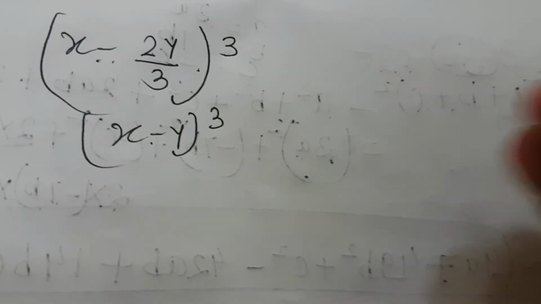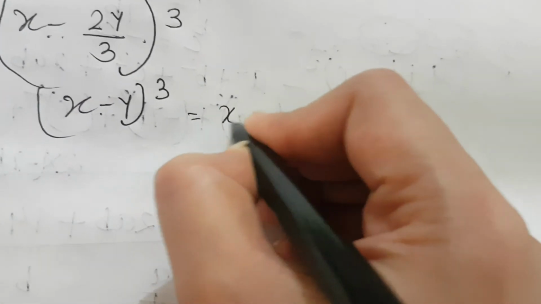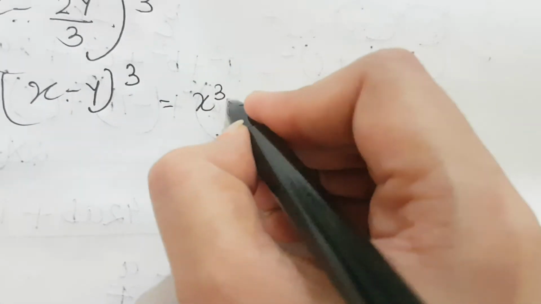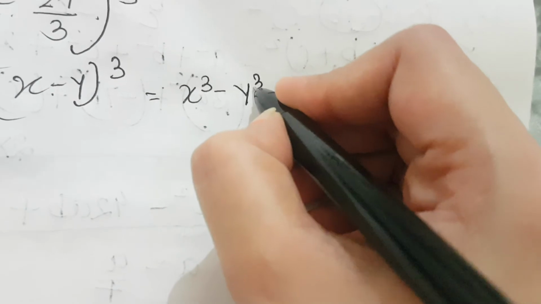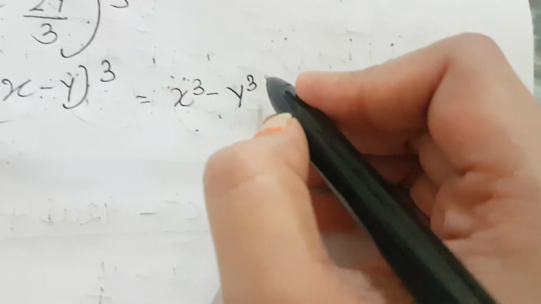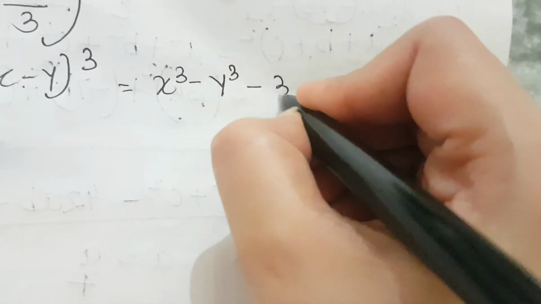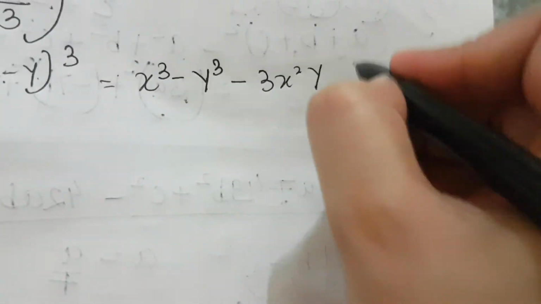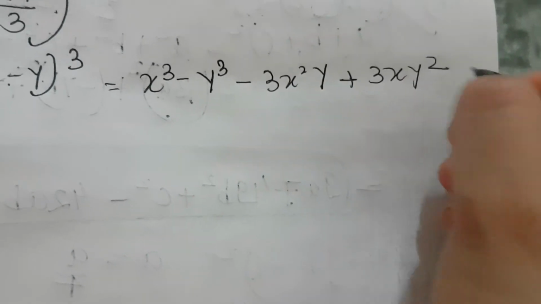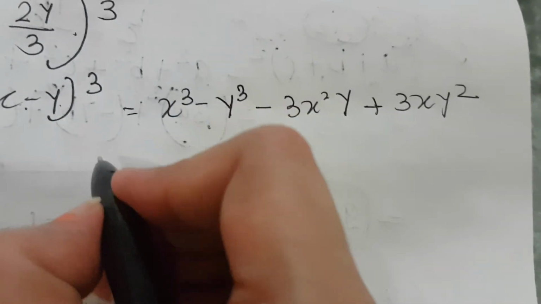Again and again we cannot take it. So what was the identity? Because we are already taking the minus in the identity, x cube minus y cube, then plus 3x square y, or minus, sorry, minus, because we are squaring x and not y, 3x square y, plus 3xy square. Fine.